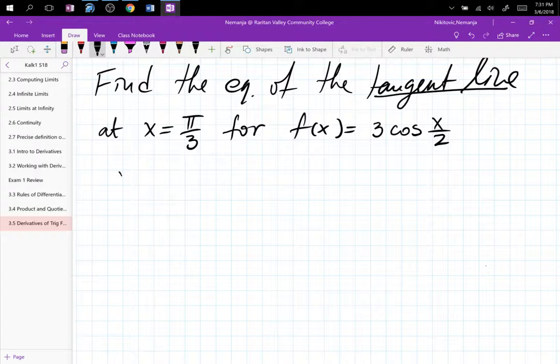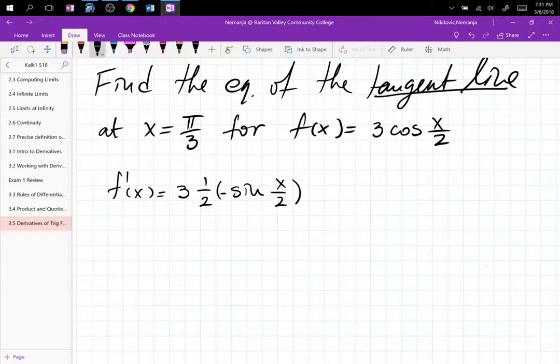So we find the derivative, which would be 3 times 1/2 negative sine of x over 2. So it's negative 3/2 sine x over 2. That will be the derivative. Again, I'll write it here.